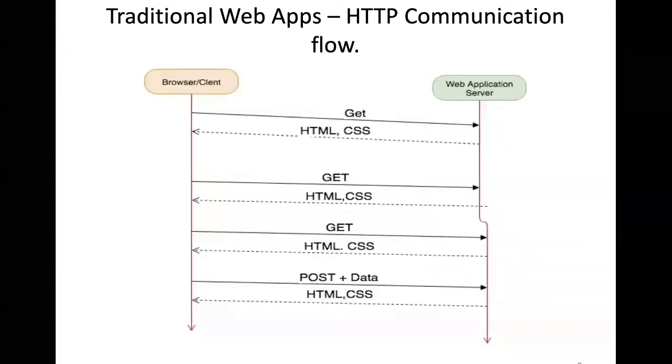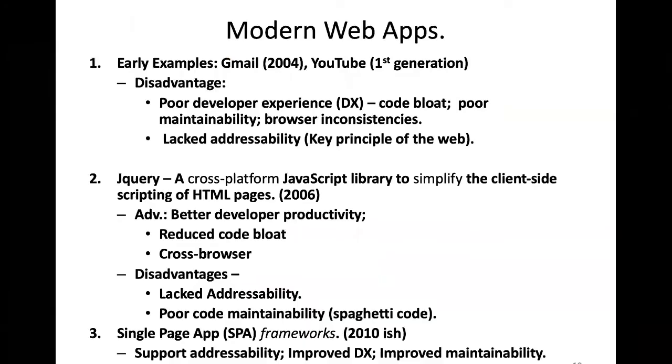This is the communication flow. And again, I've already explained it, I hope. But we're only interested in the modern option there. And I'm very loosely outlining here the evolution of this type of web app.